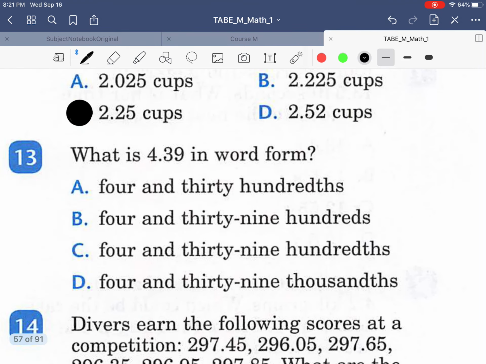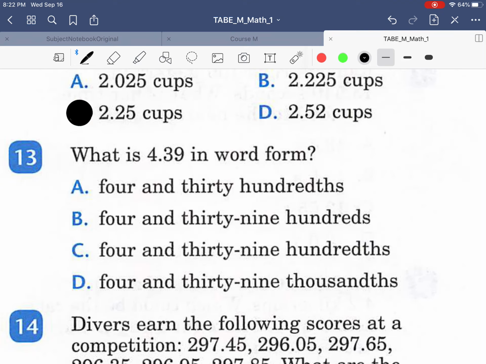Number 13. What is 4.39 in word form? And that is 4 39/100. So which answer do you want me to choose? A is 4 30/100.